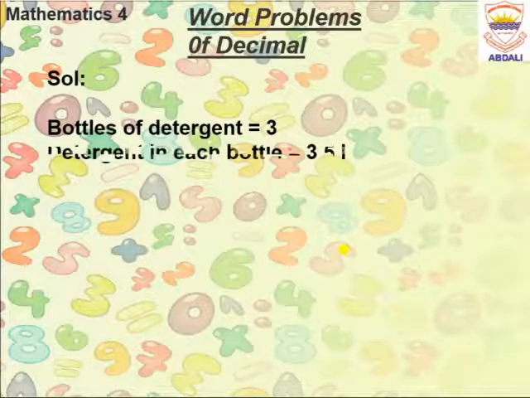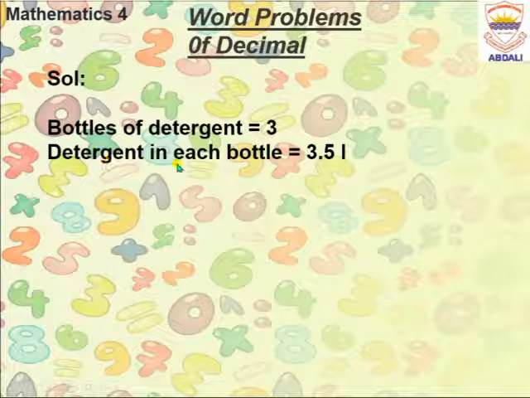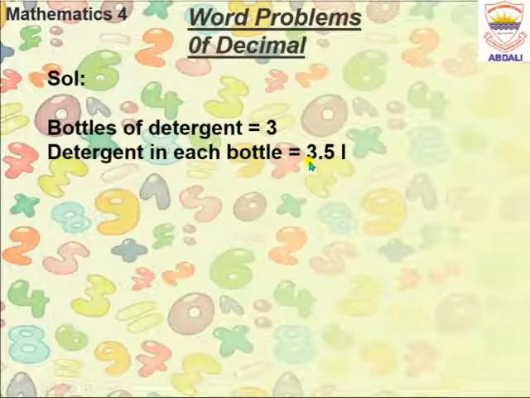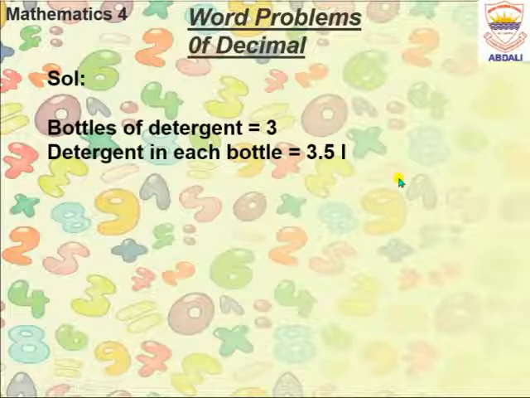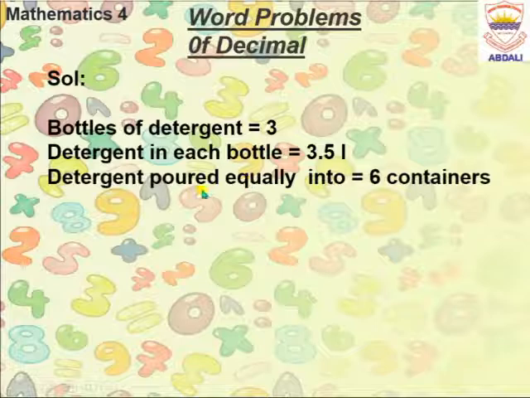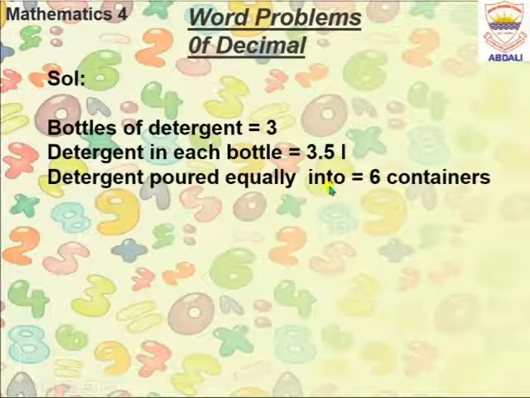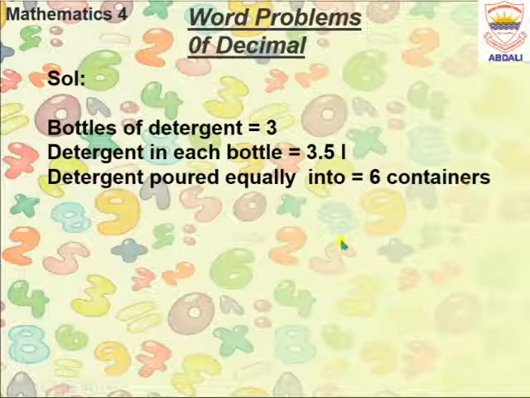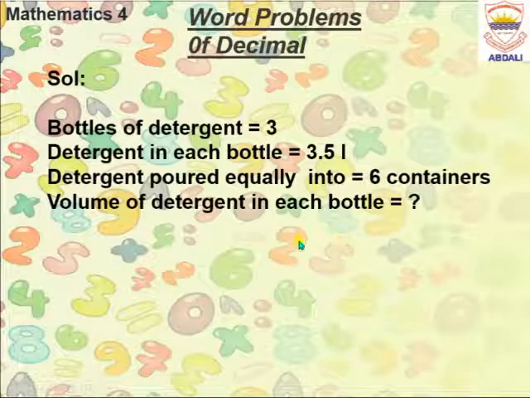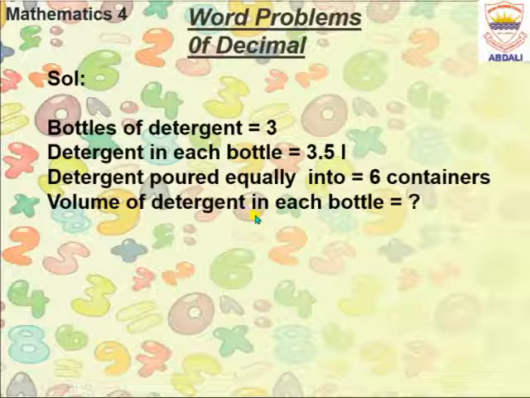The second statement will be: detergent in each bottle is equal to 3.5 liter. Third statement will be: detergent poured equally into 6 containers. And what we have to find out? Volume of detergent in each container.